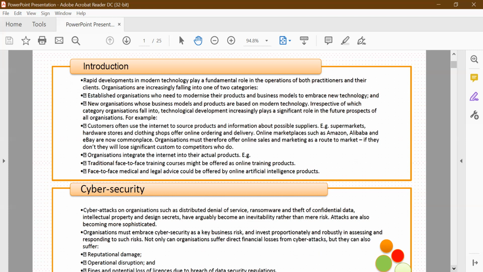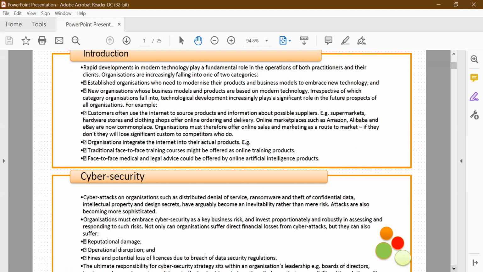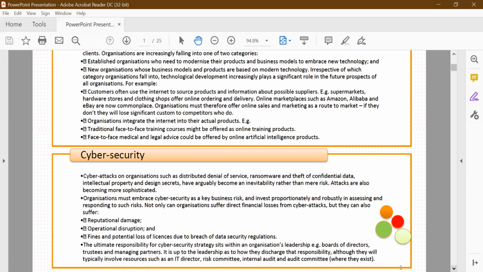It could be the theft of confidential data, it could be stealing intellectual property, it could be ransom, etc. Different kinds of attacks. And these attacks are becoming more and more sophisticated as time goes by. Organizations, therefore, must embrace cybersecurity as a key business risk and must invest into it.